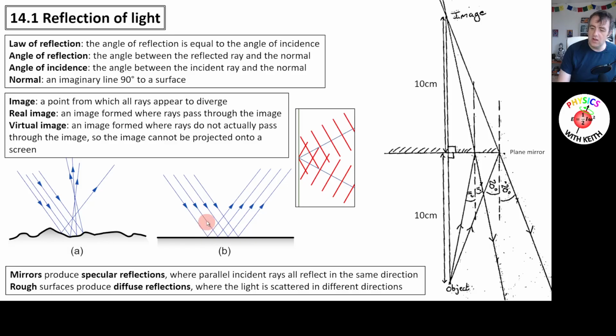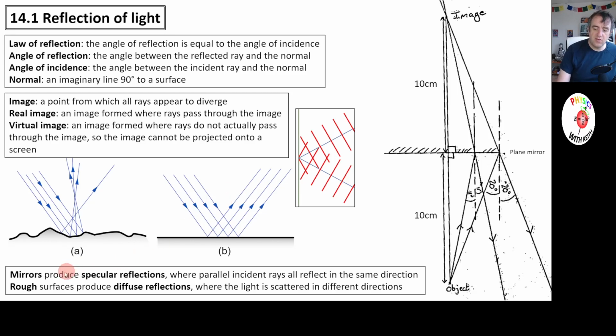If we were to draw a line at the point where the ray is incident on the surface, 90 degrees to the surface, we call that the normal, and measure the angle between the incident ray and that normal, that would be called the angle of incidence, and it would be identical to the angle of reflection. That's the angle measured between that normal and the reflected ray.